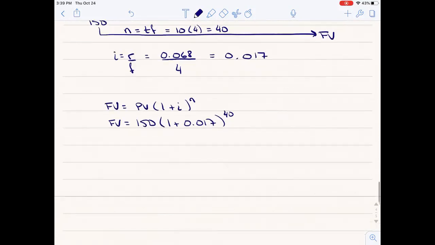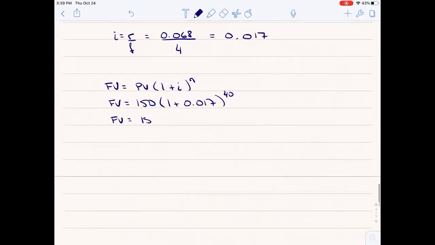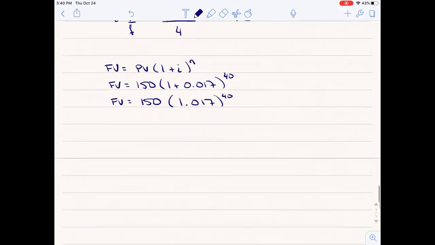I'll just show my work here to show you how the order should be done. So I get 1 plus 0.017 is 1.017 to the power of 40. I've shown you guys how to do powers other than 2 on here, right?